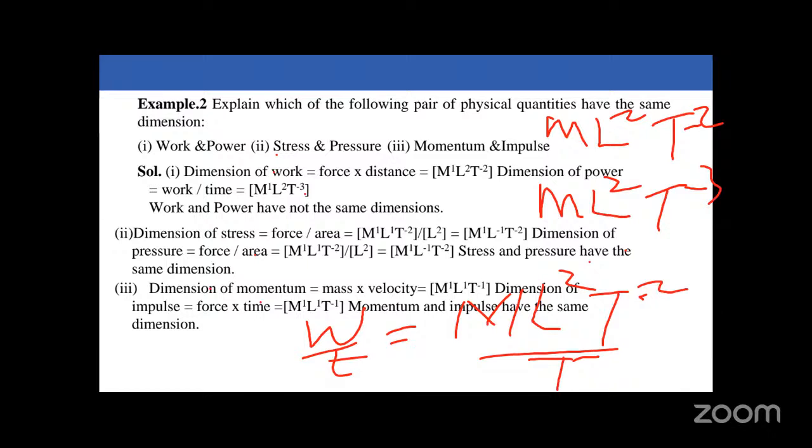So now we can see that power and work have different dimensional formulas. So they are not the same. They don't have the same dimensions. Since they don't have the same dimensional formula, definitely they are not going to have the same dimensions.